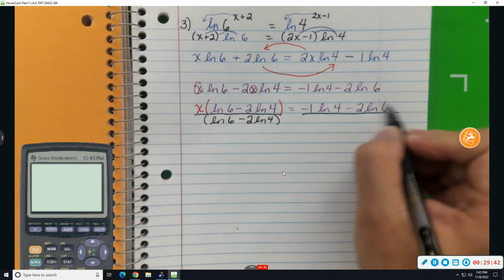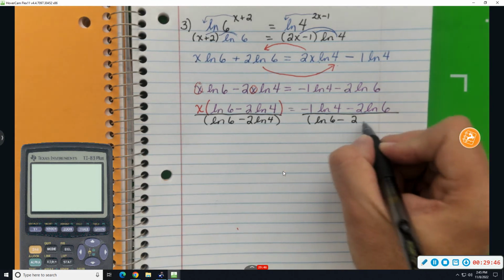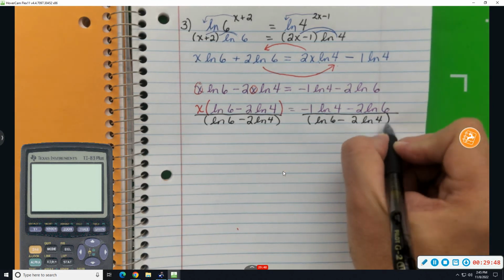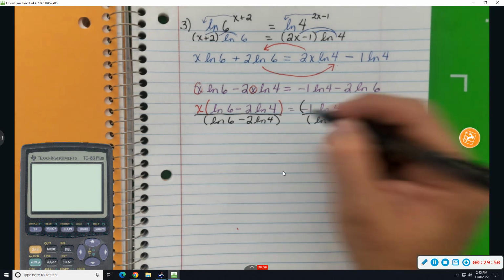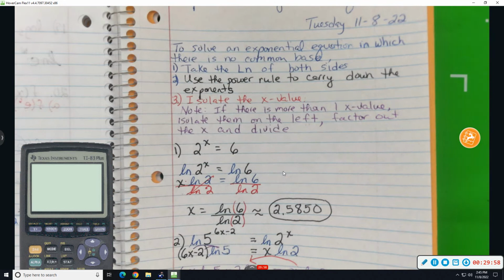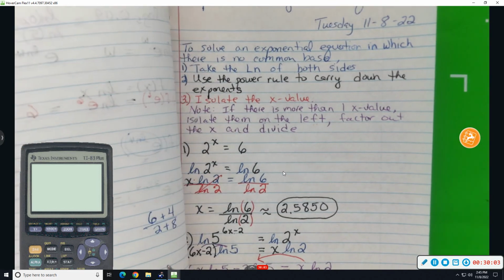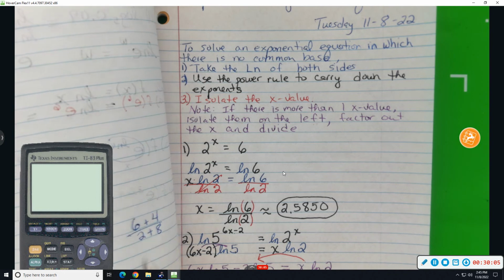And you're going to have something really messy to stick into your calculator. The top and the bottom should be enclosed in parentheses for the same reason that you have to enclose the top and bottom when you're looking at 6 plus 4 over 2 plus 8.